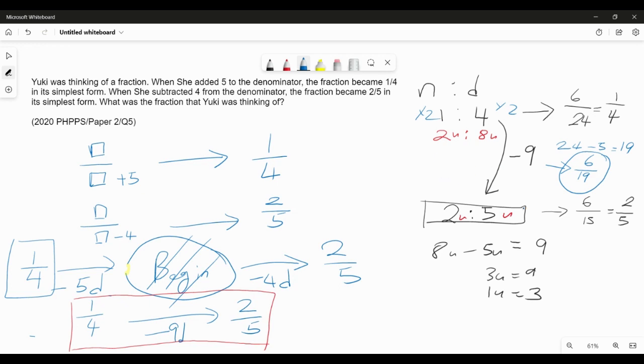You can test this with the other one. 6 over 15, we subtract 4, so we reverse it, we add 4. 15 plus 4 will give you 19. The numerator is unchanged, so it's also 6 over 19. It agrees, therefore this is the correct answer. And the answer is 6 over 19.